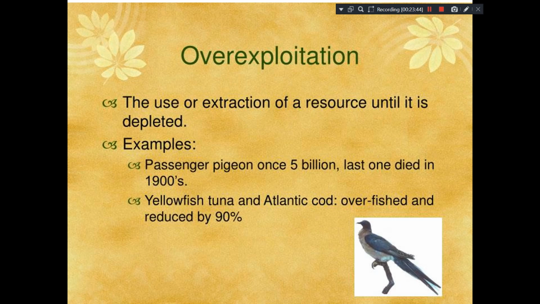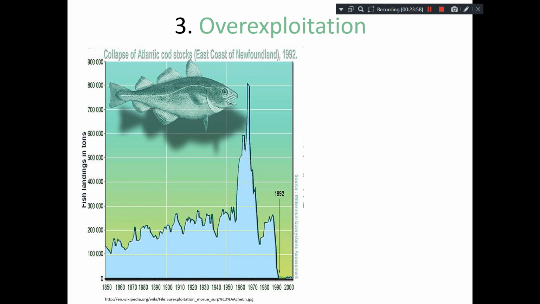Then yellowfin tuna or Atlantic cod, through overexploitation, had their population reduced, with about 90% of the population wiped out. This is happening in many cases of overexploitation, and is generally seen in our area also.